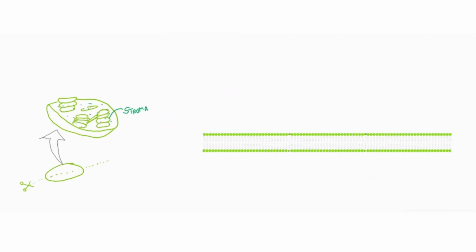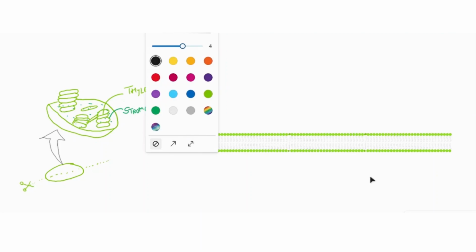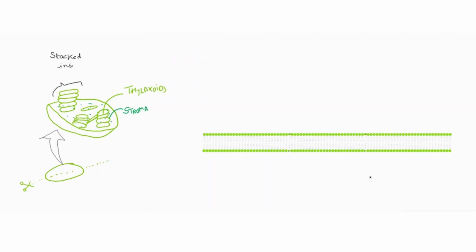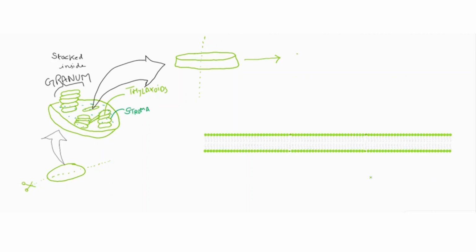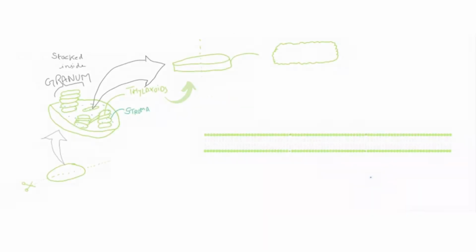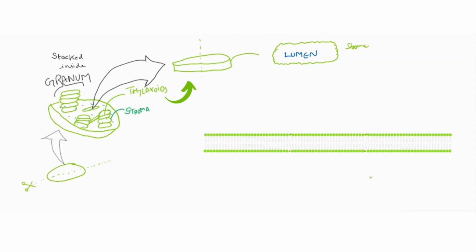A chloroplast is an aggregation of thylakoids in the form of granum connected with each other with a transverse bridge called the frets. If we cut one of the thylakoids into two halves, we can see the thylakoidal membrane, which separates the lumen of the thylakoid from the stroma of the chloroplast.